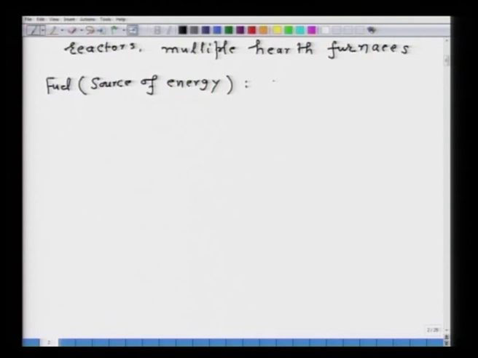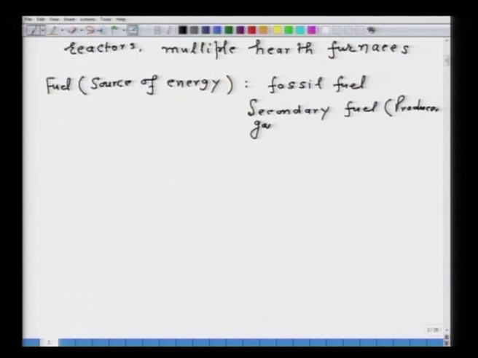In some cases it is a fossil fuel, that could be oil, natural gas, or there could be secondary fuels which are derived from fossil fuel, and sometimes producer gas is used, as you have seen in the problem. Oil, natural gas, all are sources of energy. So, it is also an energy consuming unit process.